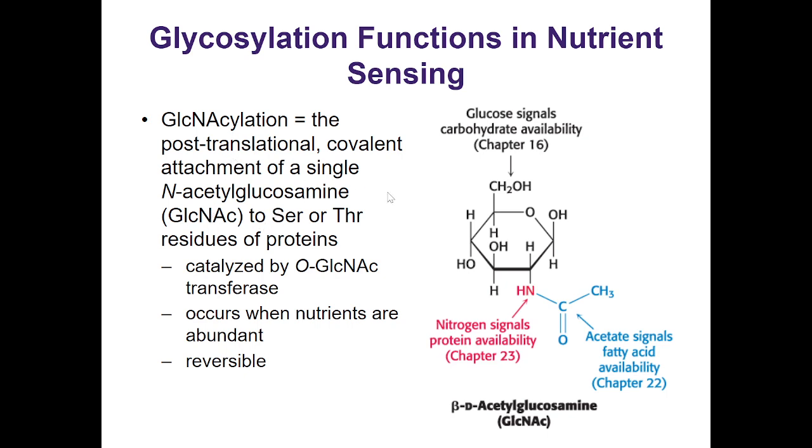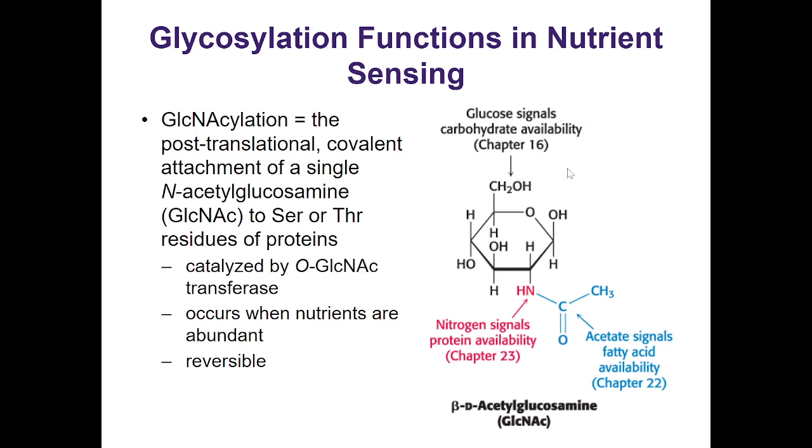This is going to be attached to a serine or threonine residue of your protein. It will be catalyzed by, I'm sure you're not surprised, O-GlcNAc transferase, because we're transferring it over onto there, right? So transferase. This is going to be occurring when the nutrients are abundant. This is reversible, so you can chop these back off.